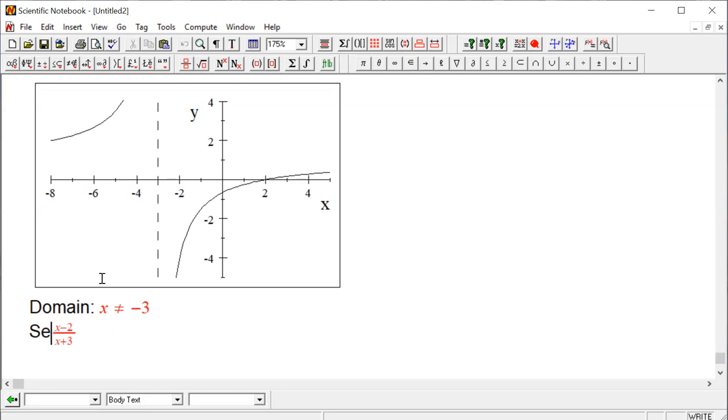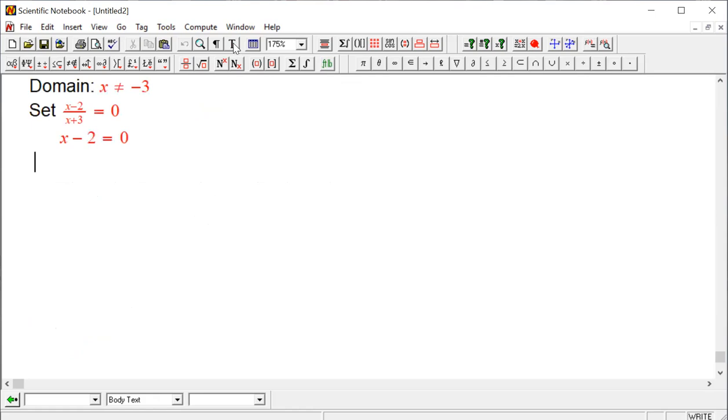So you're going to set this piece equal to 0, and the purpose of doing this is to identify the x-intercept. Since x plus 3 cannot be 0, it's guaranteed: if this is 0, then the numerator must be 0. So x minus 2 must be 0, so you get x equals 2.